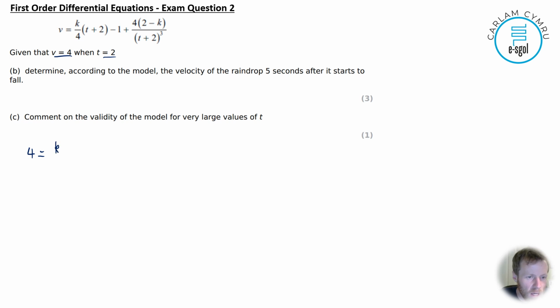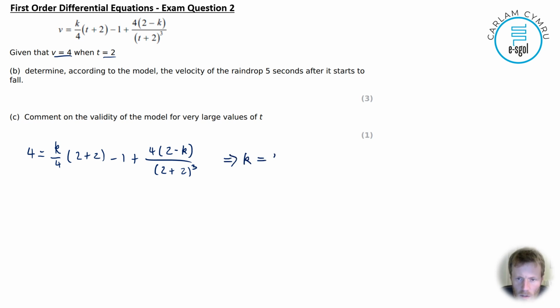So we get k over 4 times (2 plus 2) minus 1 plus 4 times (2 minus k) over (2 plus 2) cubed. If you go ahead and solve this, you should get k as equaling 5.2.